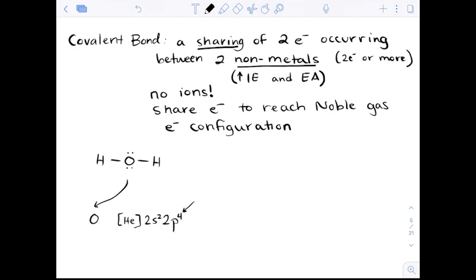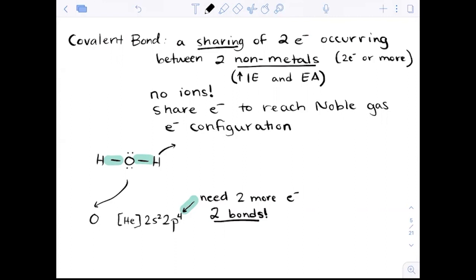We see that in its outermost shell, we need 2 more electrons. So oxygen tends to make 2 bonds. Now it can make more, it can make less, but in general, why we see in water, we needed 2 bonds to make that molecule is because oxygen needed 2 more electrons. Once it reaches H2O status, it gains 2 electrons to put in its 2p orbital. So it becomes a 2p6.